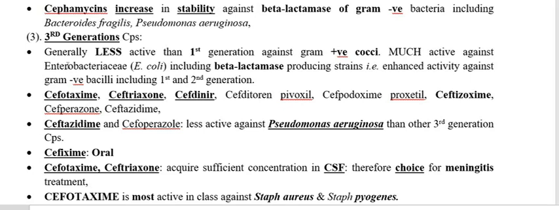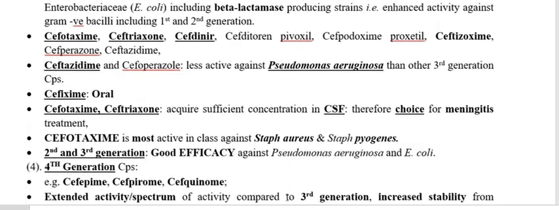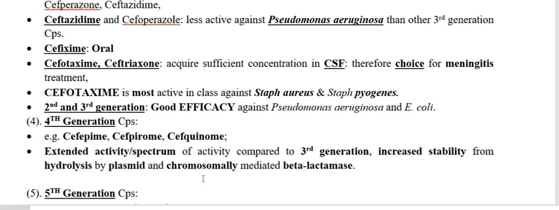Therefore, the third generation cephalosporins cefotaxime and ceftriaxone are used for therapy of meningitis, and cefotaxime also shows efficacy against Staph aureus and Staph pyogenes. A very important point is that the second and third generation cephalosporins possess very good efficacy against Pseudomonas aeruginosa, a gram negative bacterium, and also Escherichia coli, which is also gram negative.